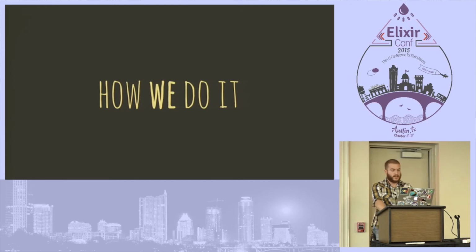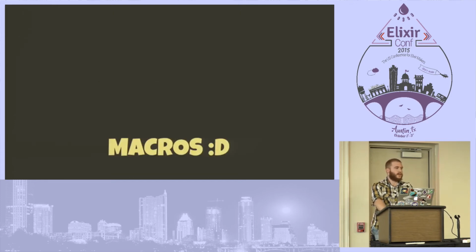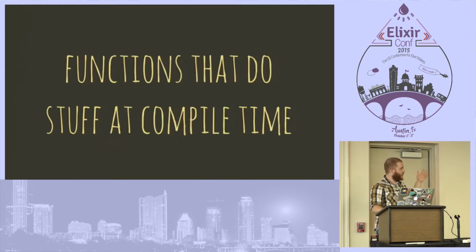And we do it in a much nicer way, I think, which is macros, right? I always thought of macros as a tool to manipulate the AST and return a new AST or something similar. But you can use macros just as functions that also do stuff at compile time, right?